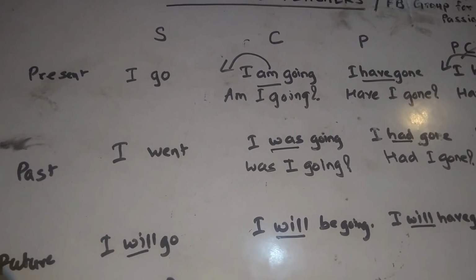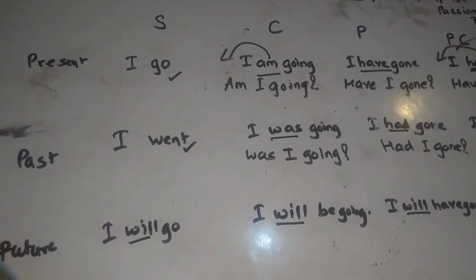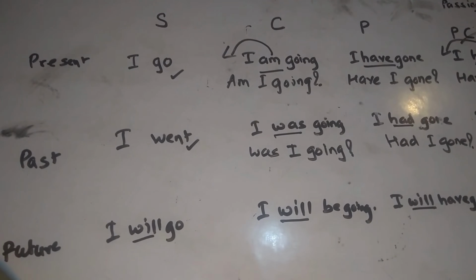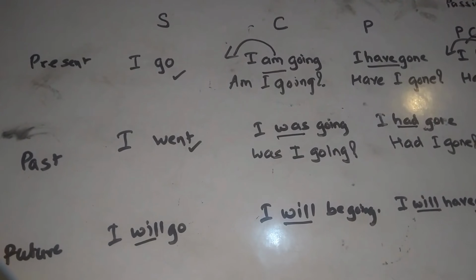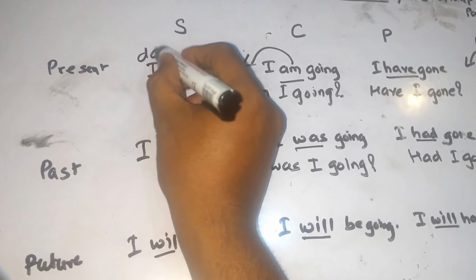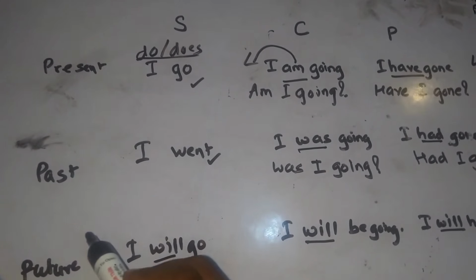Now in simple present and simple past, we do not see any helping verb. So what should we do to make it into a question? As we know, in simple present we can use do and does for making the question.